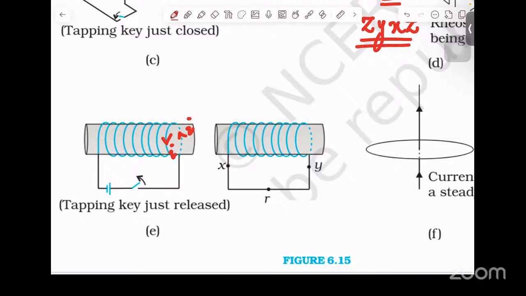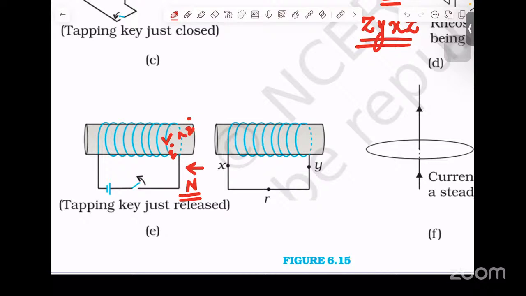So this was acting, if viewed from this side, it was again an anti-clockwise. Okay. So this was acting like a North Pole. Okay. So till this point, it's clear.